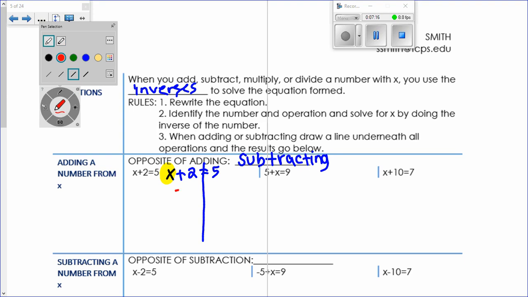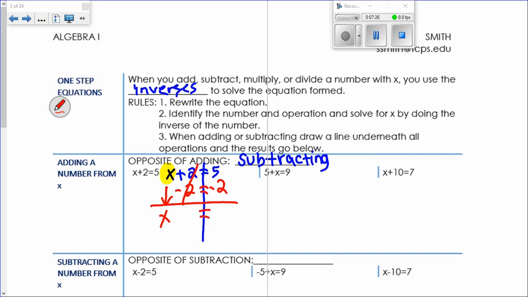Now, I'm going to subtract 2 on both sides. And then the x comes down, this goes away, equal sign comes down, and 3 comes down. And then I can check my answer. Is 3 plus 2 equal to 5? It's true, so I'm done. My proof is there. Okay?